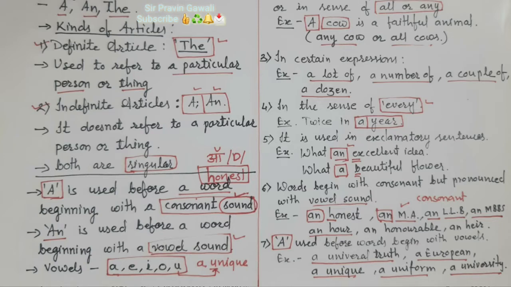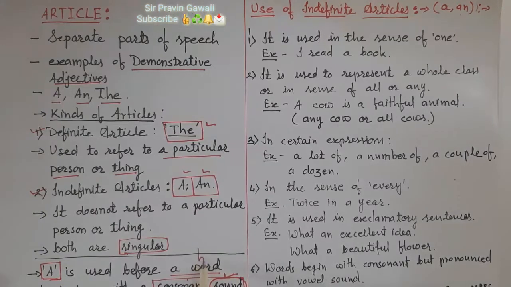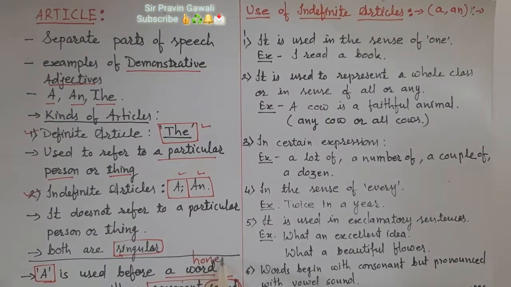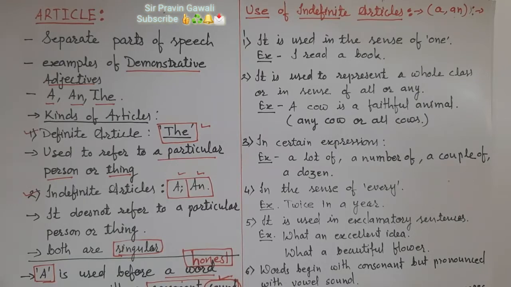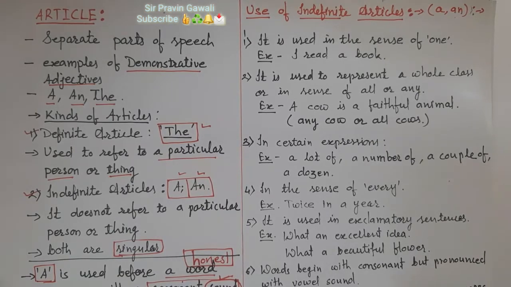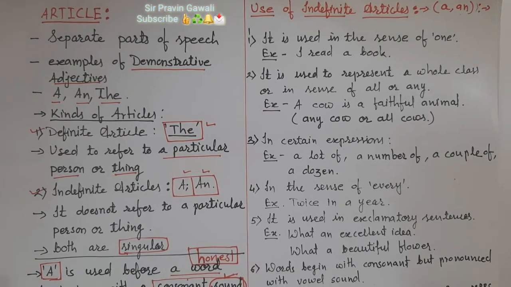Okay? For example, I would like to tell you here, honest, H-O-N-E-S-T. It begins with the consonant letter H. Okay, it is a consonant letter. But when we pronounce it, it begins with a vowel sound, honest.